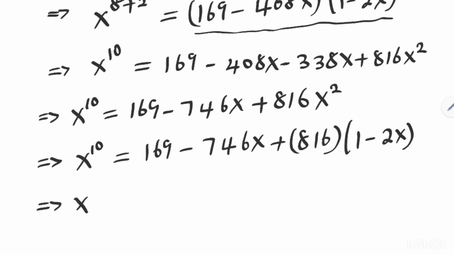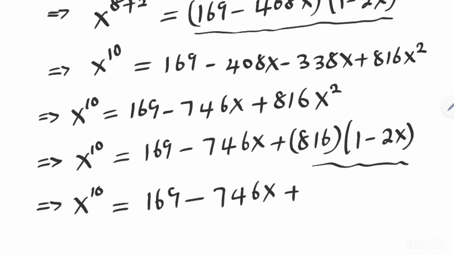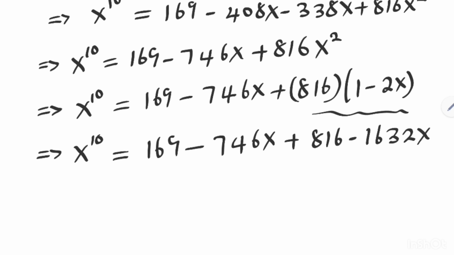This is x raised to power 10 is equal to 169 minus 746x plus, if you open this bracket, 816 minus 1632x.